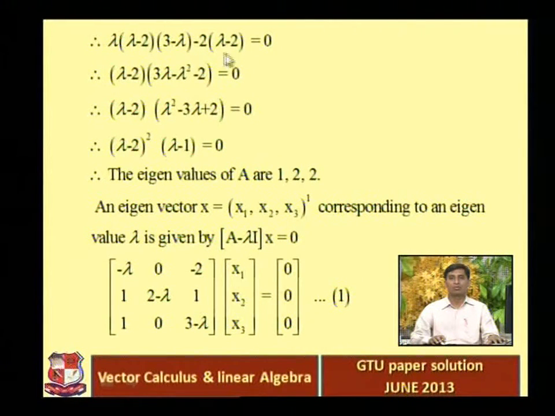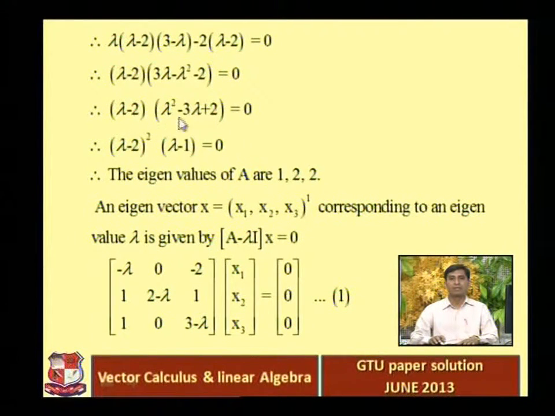Now lambda minus 2 is common from both terms, so in the bracket we get lambda into 3 minus lambda, that is 3 lambda minus lambda square, minus 2, equal to 0.